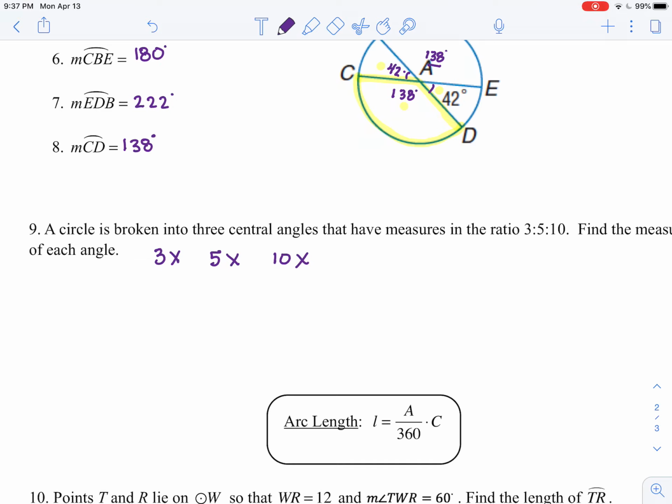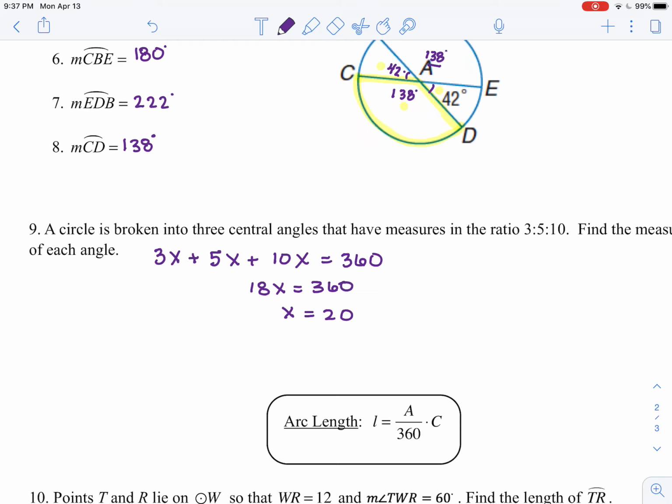Since they are the 3 central angles of a circle, we know that they have to add up to 360 degrees. So 18x should equal 360, which makes x 20.